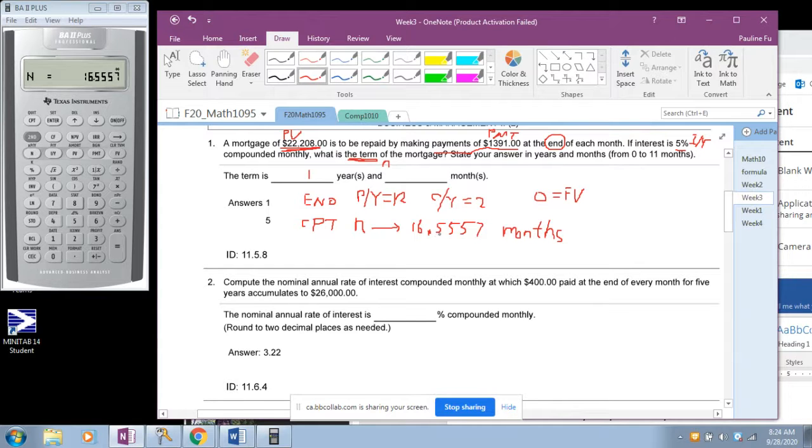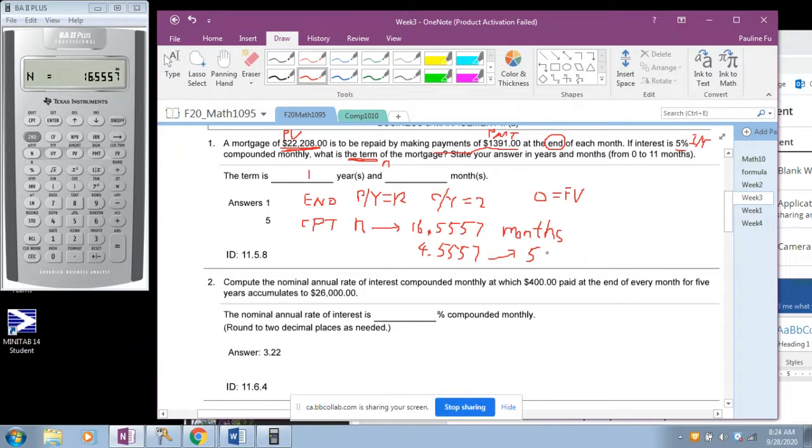But here you have 4.5557 months. When you do the term calculation, you always round up to 5 months.